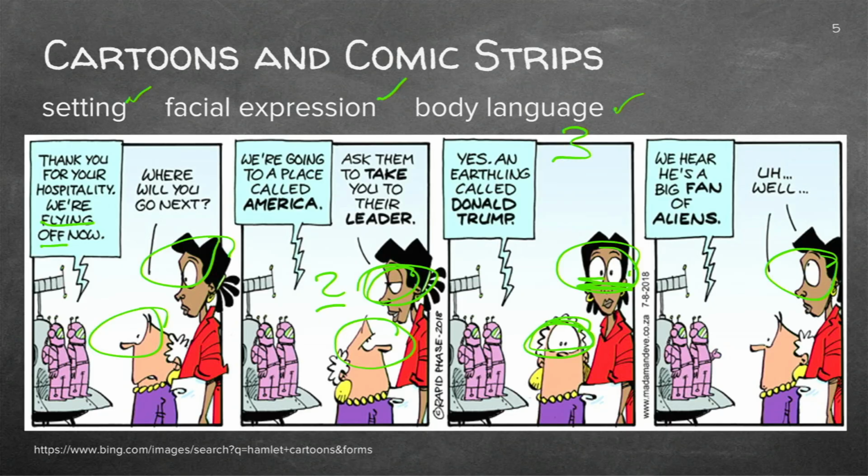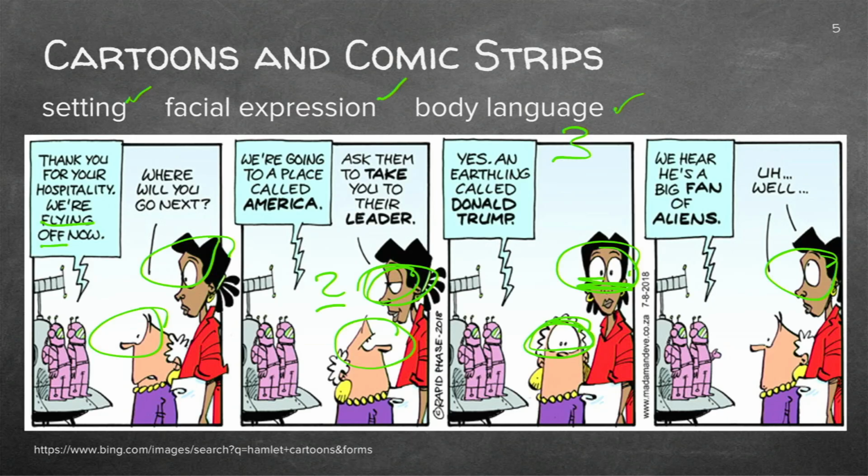So the aliens are there, they're flying off, right? And Madam asks, where are you going next? And they say they're going to America. And of course, it looks as if Eve has her ideas about what's going on in America. What will they find there?